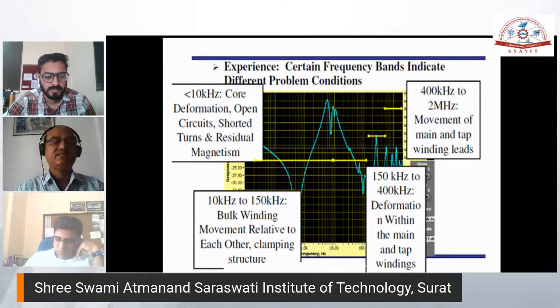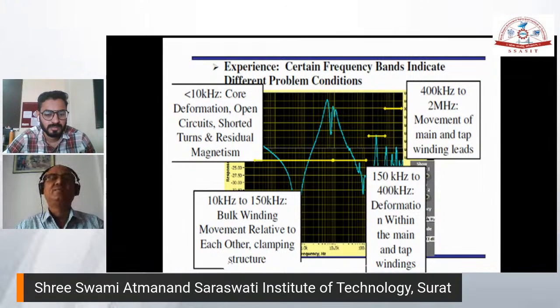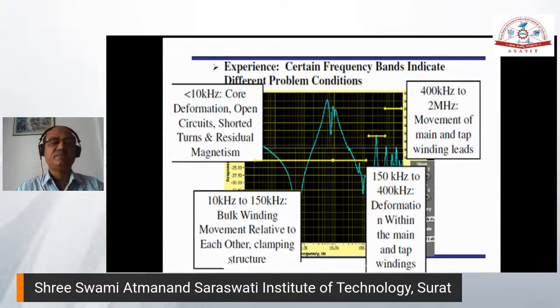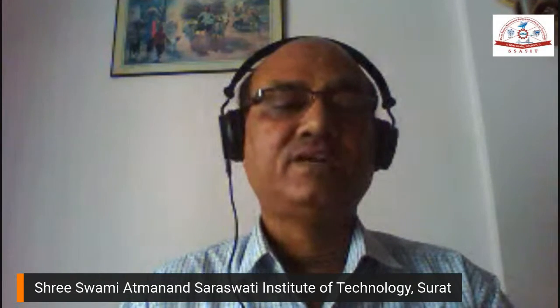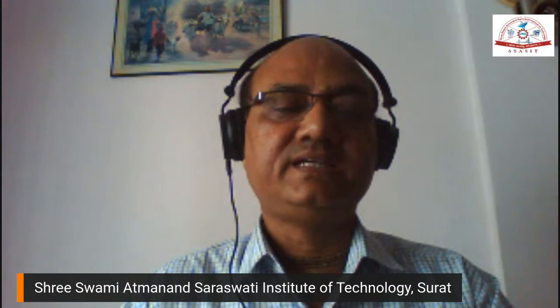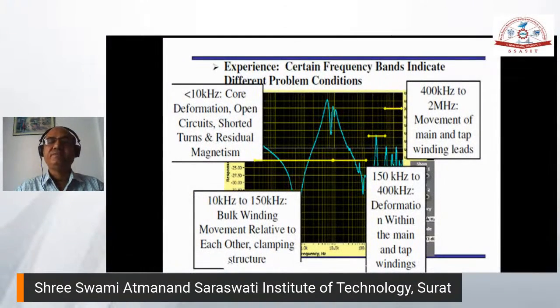This is experience based, documented from a large number of tests: bulk winding fault, movement relative to each other, and clamping of the structure. Then 150 kilohertz to 400 kilohertz is deformations within the main and tap windings, and 400 kilohertz to 2 megahertz is movement of the main and tap windings.